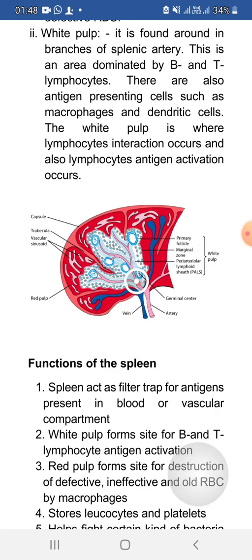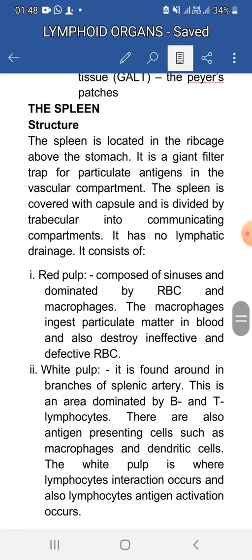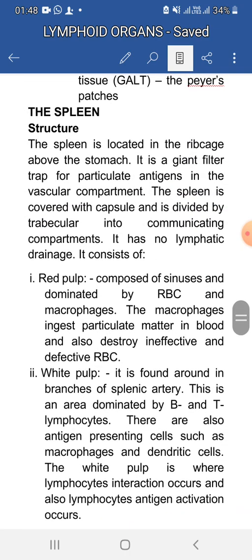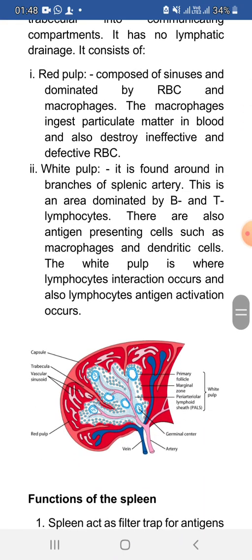So the white pulp is a region of B and T lymphocytes which are developing. Let's look at how they develop here. I've described the structure, so that is not very important. Red pulp, what happens in red pulp?